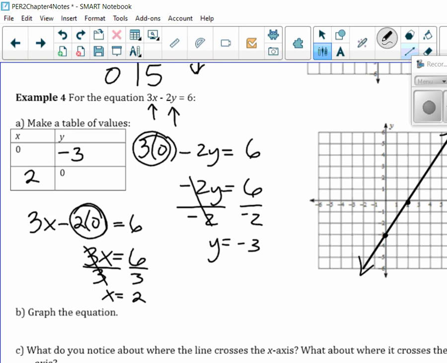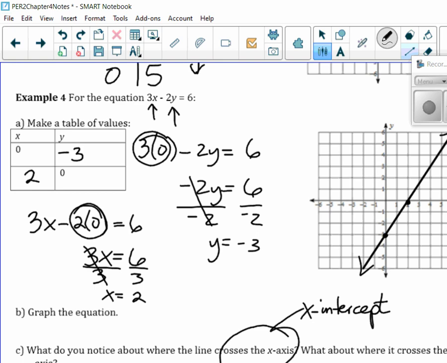It says, what do you notice about where the line crosses the x-axis? What about where it crosses the y-axis? So these are topics that we'll be taking in grade 10 next year. Where it crosses the x-axis, that's called your x-intercept.